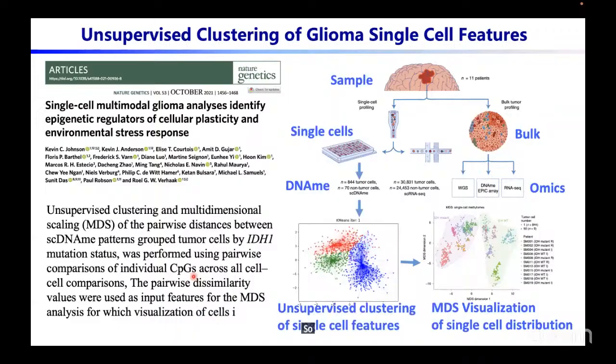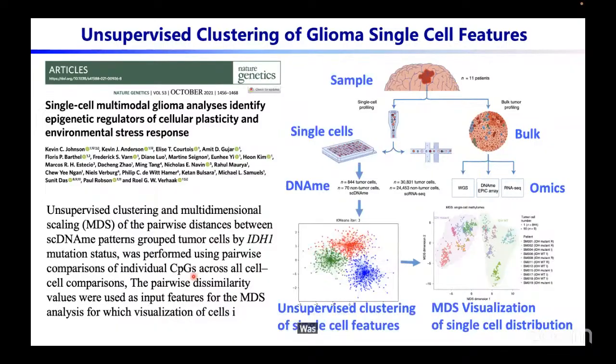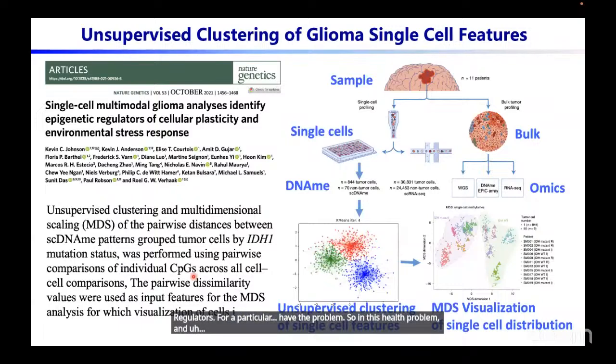So in this particular paper published in Nature Genetics, the single cell data was employed to identify certain genetic regulators for a particular health problem. In this health problem, a sample was placed in an environmentally stressful condition.